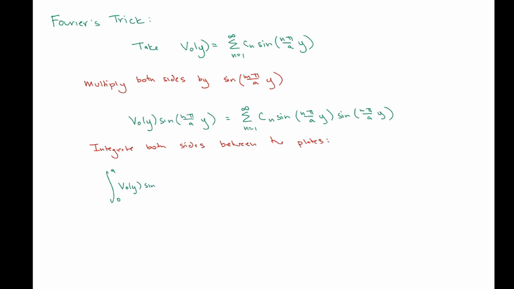And again, this is just a math trick. There's no physical reason, nothing about potentials or electric fields that would indicate that I would want to do this particular integral. I'm going to just write the sum a little simpler.